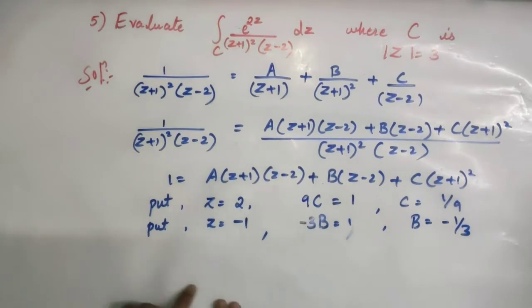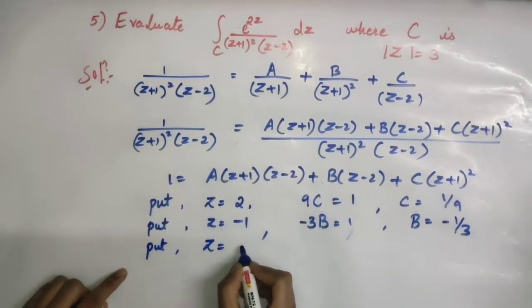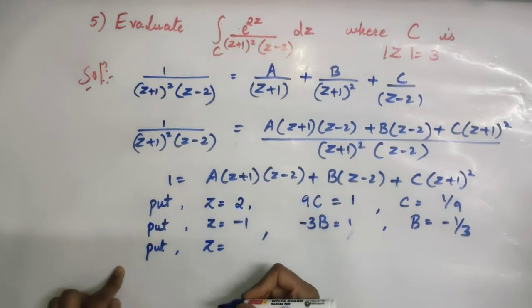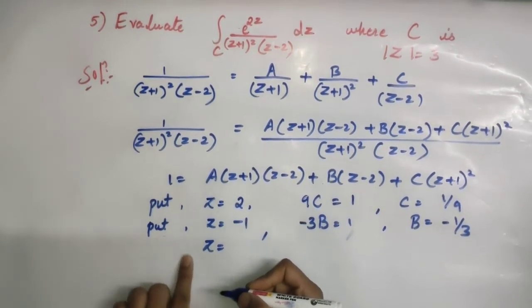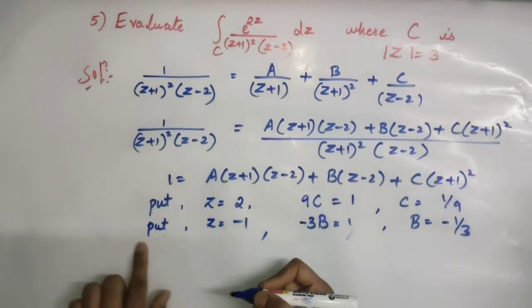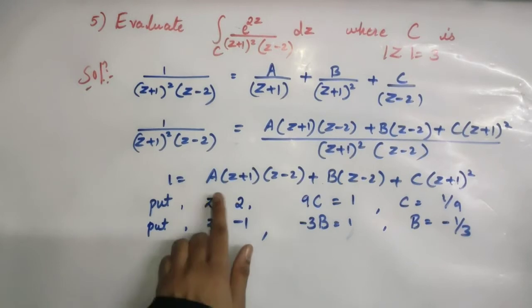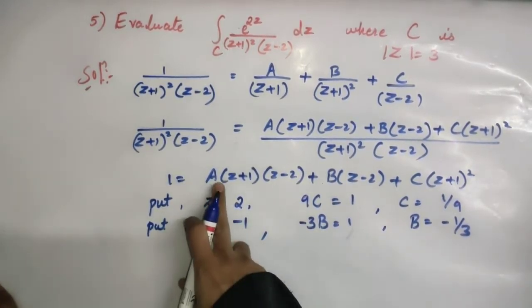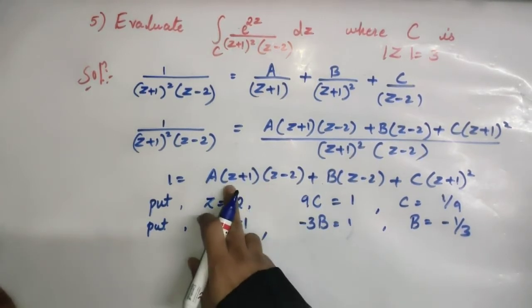Now, before putting any other value for z, we'll simply compare the coefficients of z square. Instead, you can put z as 0 and get the value, but we are not going to do it that way. What we will do here is compare the coefficients of z square. You get z square when you multiply the two brackets in the first term: z into z is z square into a.